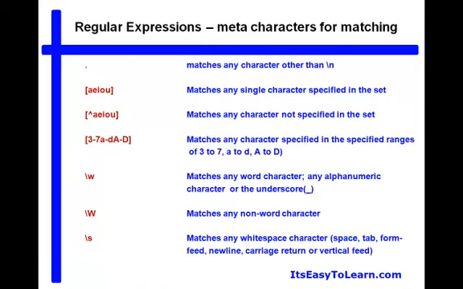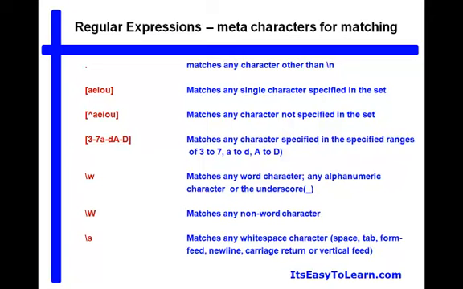We also have some meta characters for matching. Dot is used to match any character other than the new line. If you have square brackets with some alphabets, this will match any single character in the specified set. If you put a caret in front of it, just after the opening square bracket, it means match any character which is not in the set.